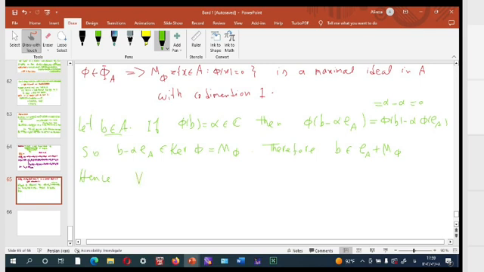For any b in A, b + M_φ is an element of this space.